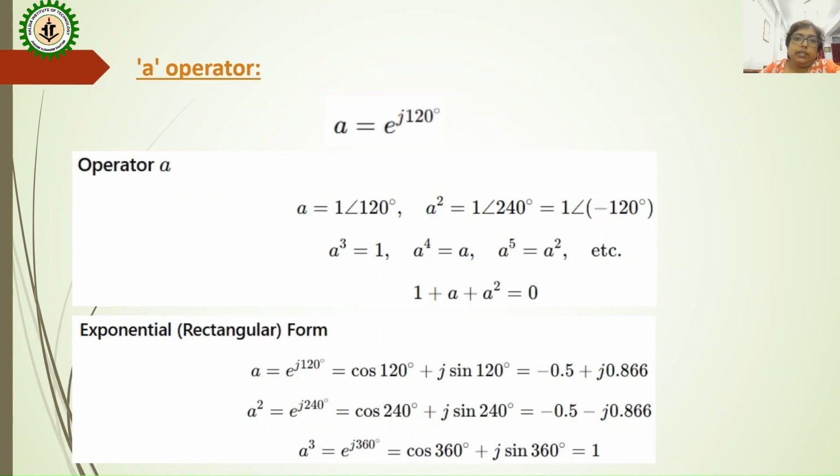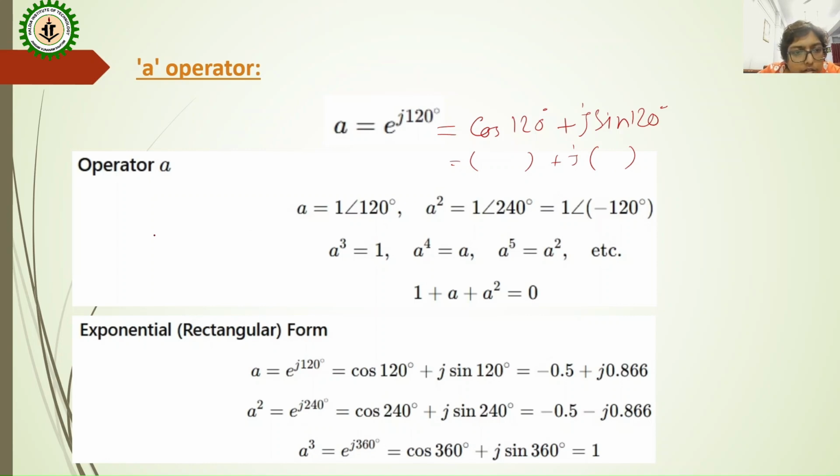So now the A operator. A operator that is shown here, that can be also written as cos of 120 degree plus J sine of 120 degree. So if we put the values of cos 120 degree here, we can have the value plus J of sine 120 degree here. Okay. So what does it mean?